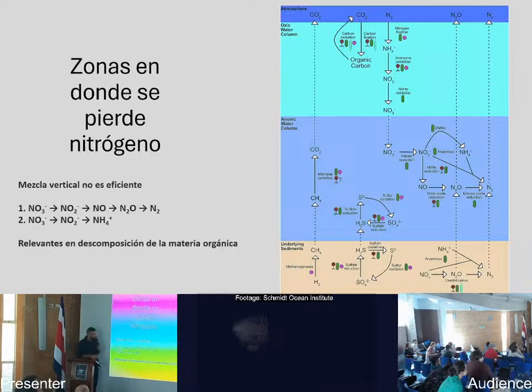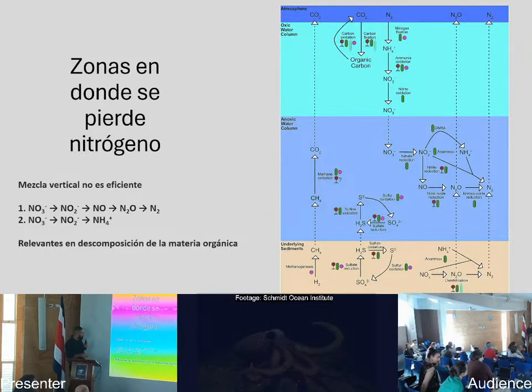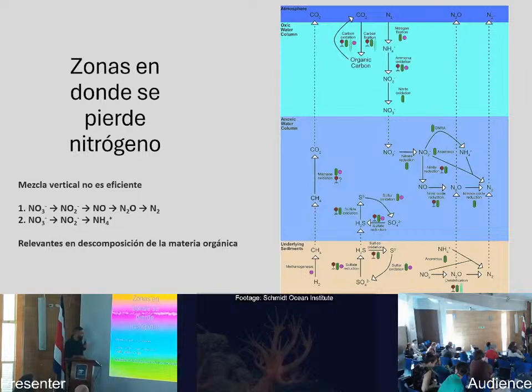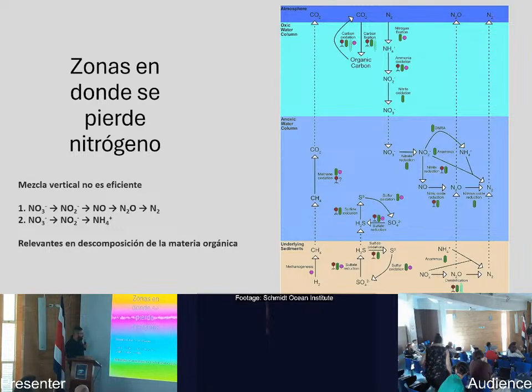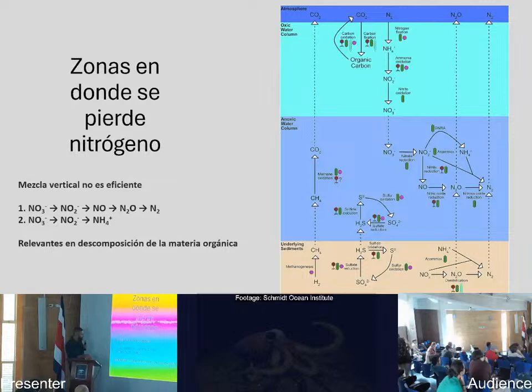Because the vertical mixing is not efficient in this area, we have that process, nitrification, and we also have this other process, and apparently it is coupled with the nitrogen lost to the atmosphere.